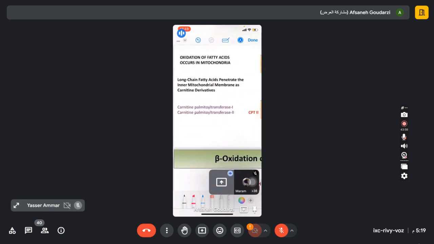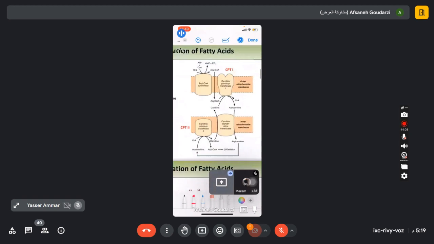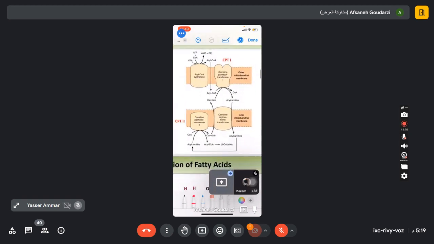And if you look here, it's mentioned that long-chain fatty acids penetrate the inner mitochondrial membrane as carnitine derivatives. Okay, guys, so let's look here. Here you see the mitochondria. Let me show you by the color.